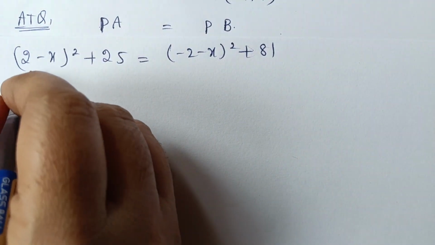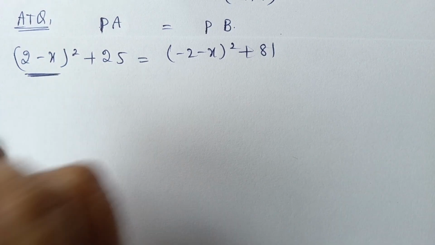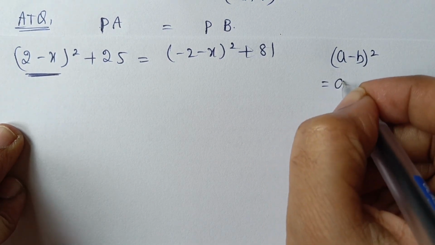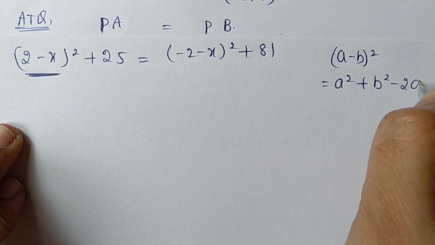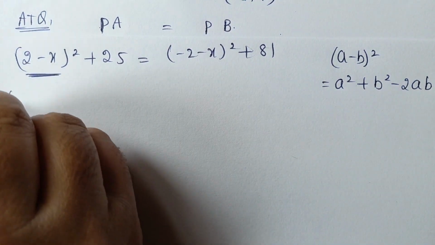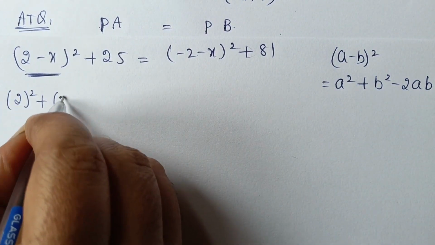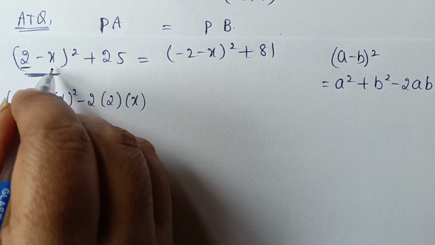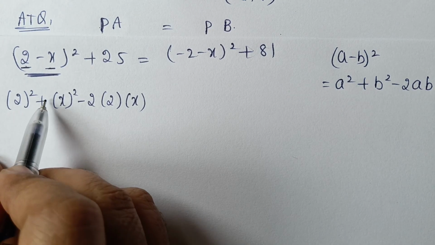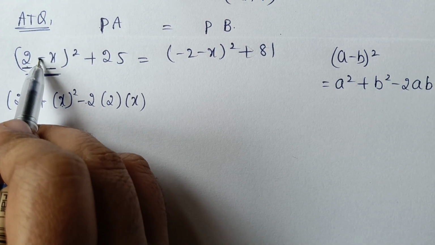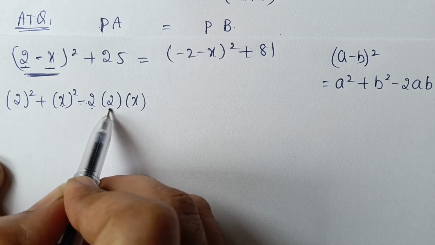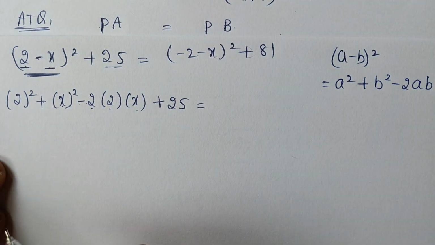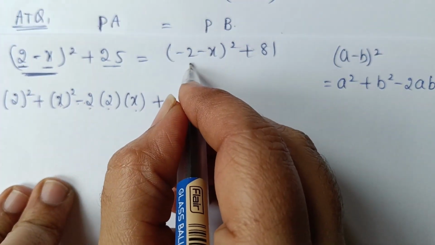Simplify. This represents the identity (a minus b) whole square. Do you know this identity? a square plus b square minus 2ab. Let's expand. See, this is a, this is b. a square plus b square minus 2ab plus 25 is equal to, next we have this.